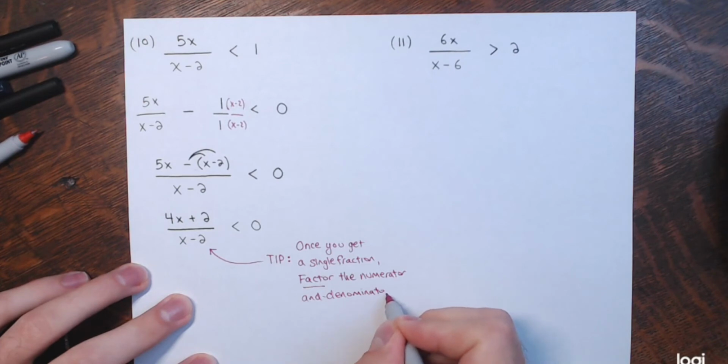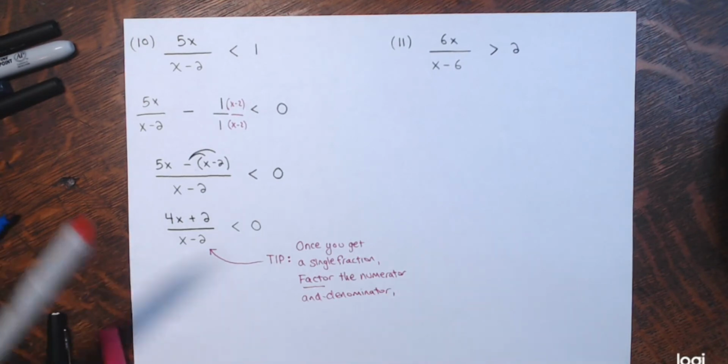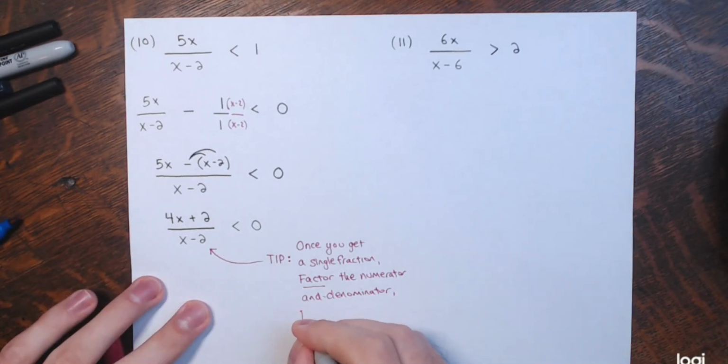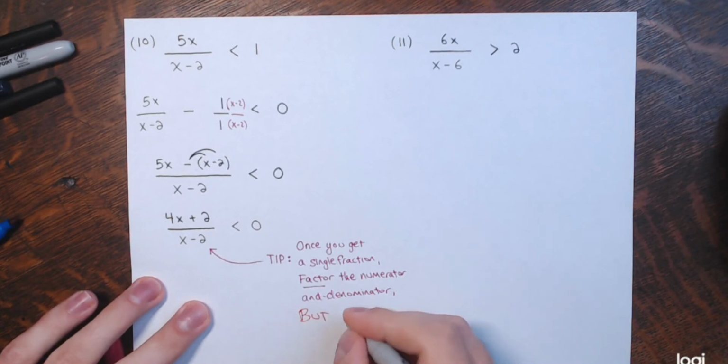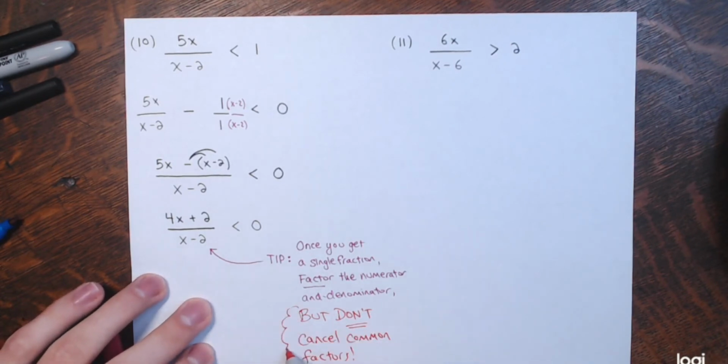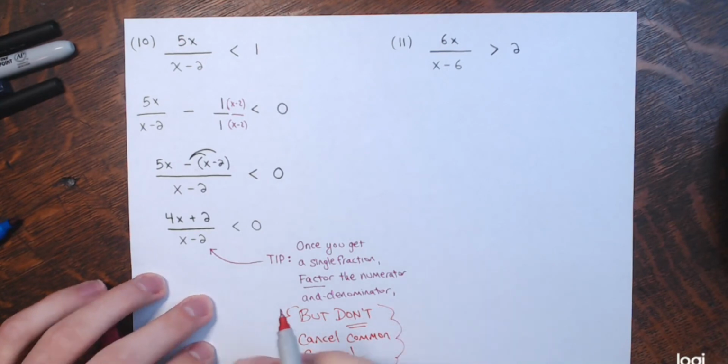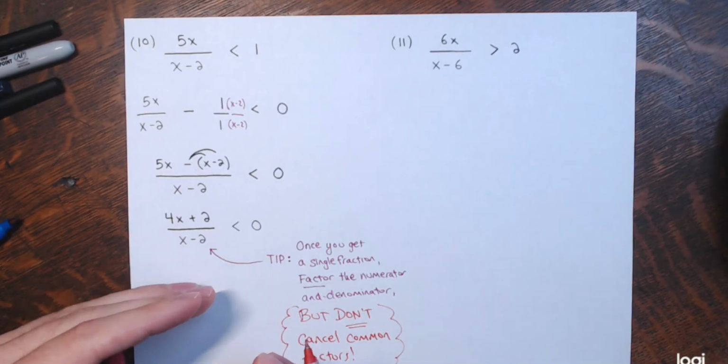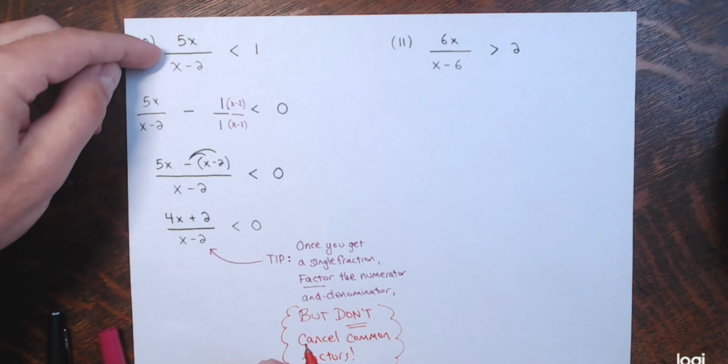Alright, now here's the thing I need you to be aware of though. But don't cancel common factors. The reason for that is I want the inequality I have to be exactly the same inequality as the one I started with.